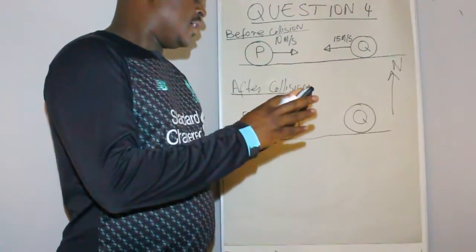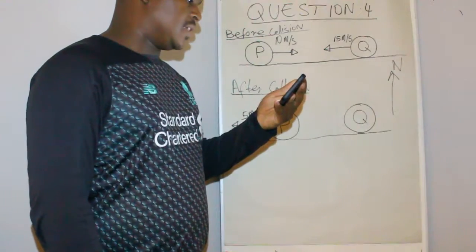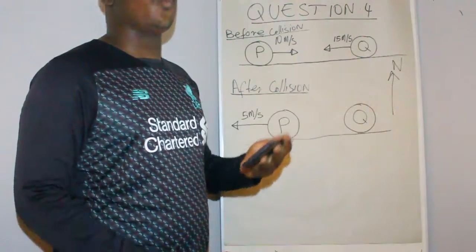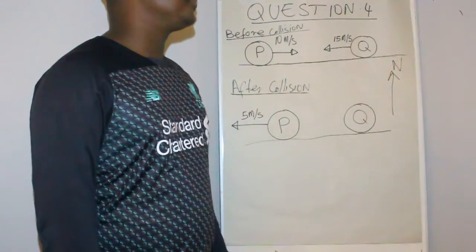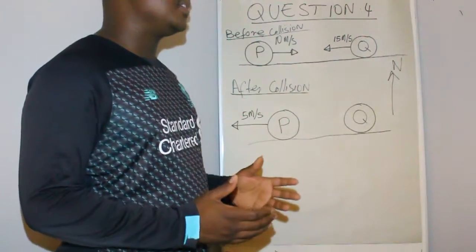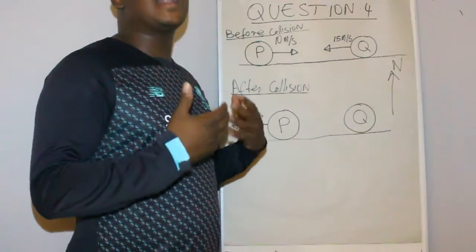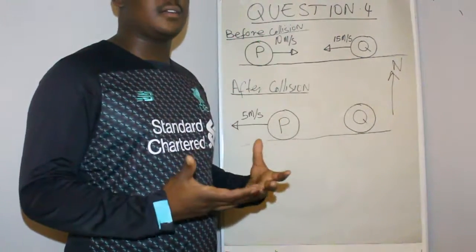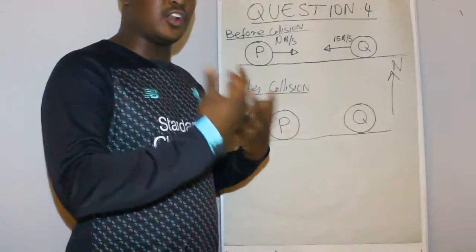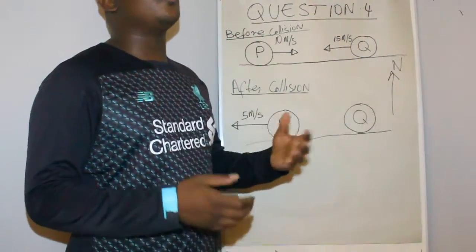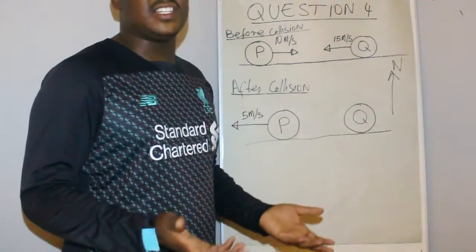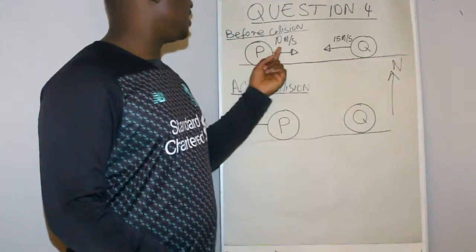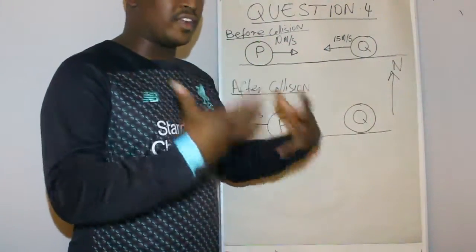So let's go to 4.1. 4.1: define the term momentum in words. What is momentum? Momentum is another way of quantifying the motion of an object, because we can also quantify the motion of an object using velocity. We already do that, as this is one way of quantifying the motion.